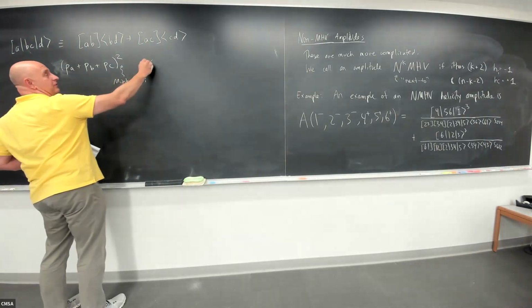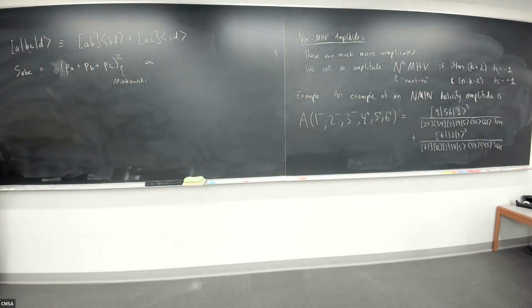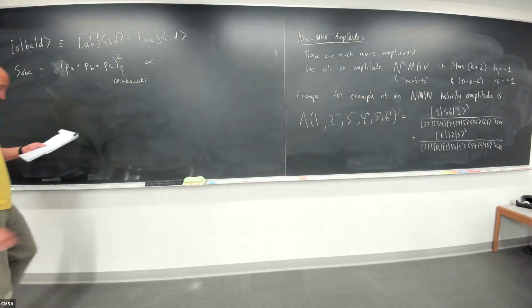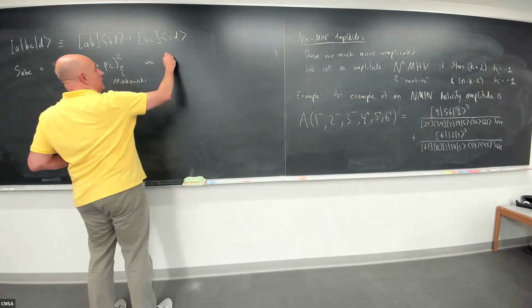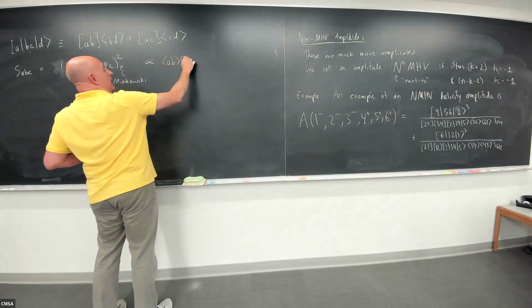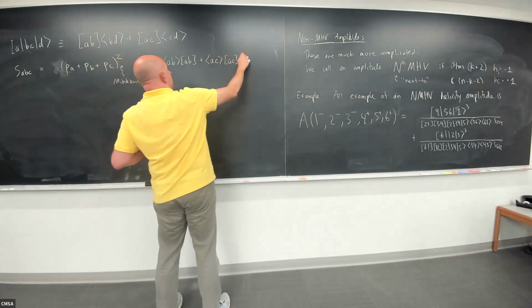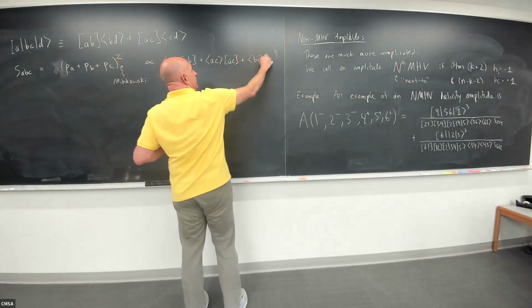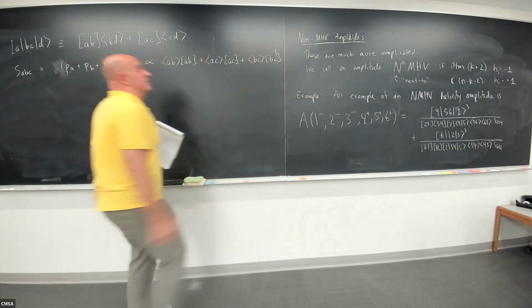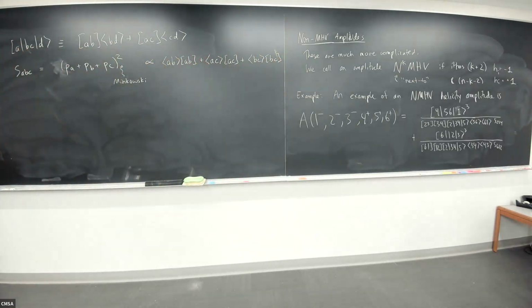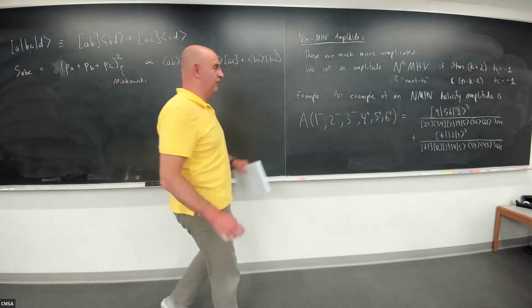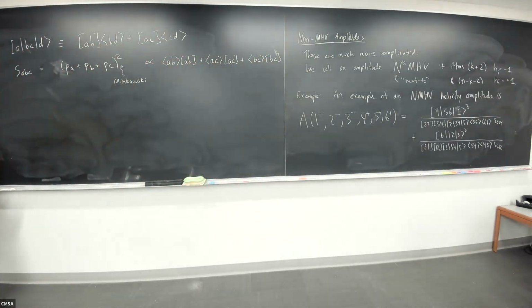And this is proportional, up to a factor of 2 or minus 2 depending on your conventions, to AB plus AC plus BC. I'm going to spend several minutes discussing various aspects of this formula, but are there any questions about it?